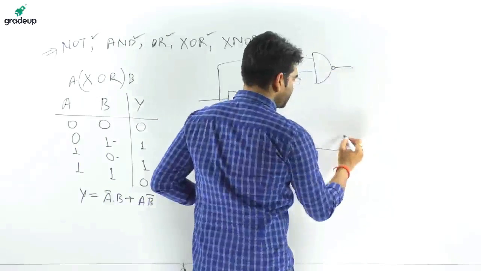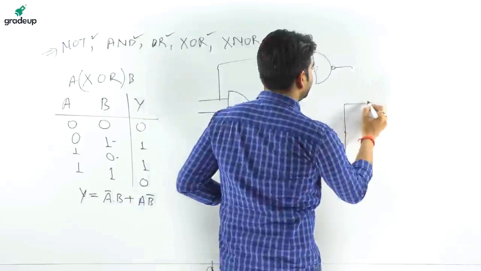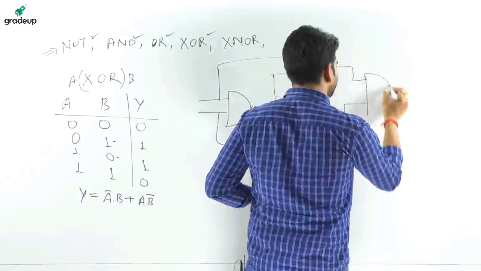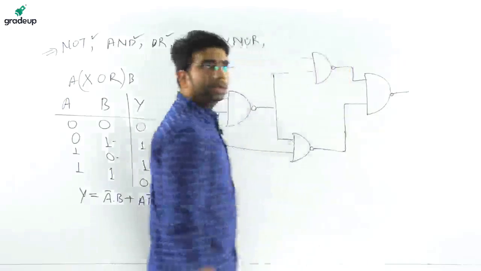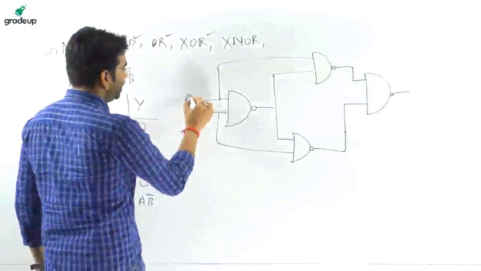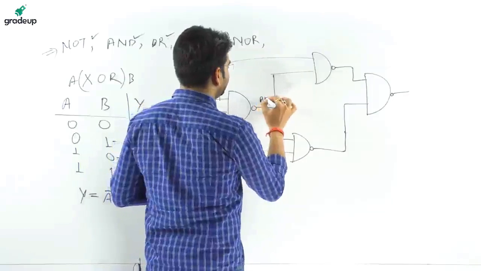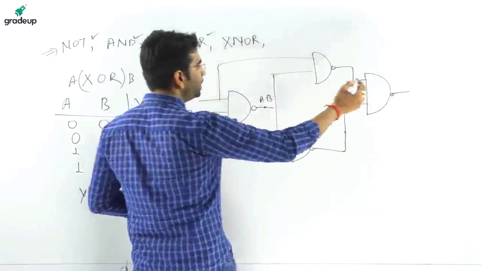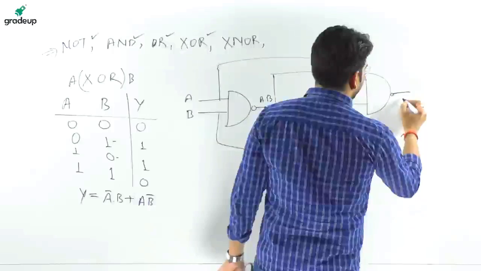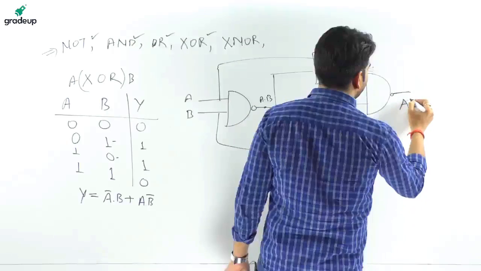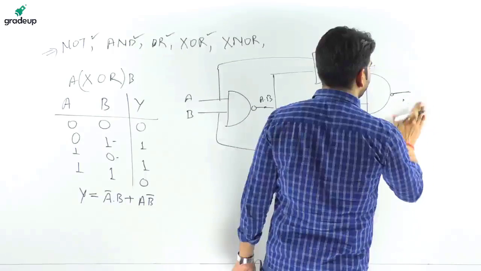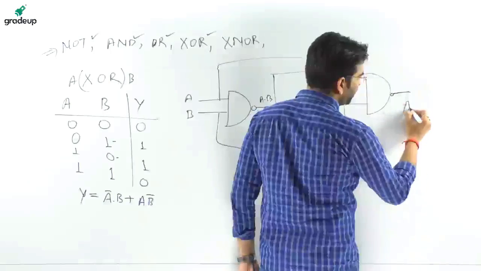From this point we can see that for A, B, at this place we are going to have A dot B. At this point we will be having A XOR B. What is the operation for XOR?